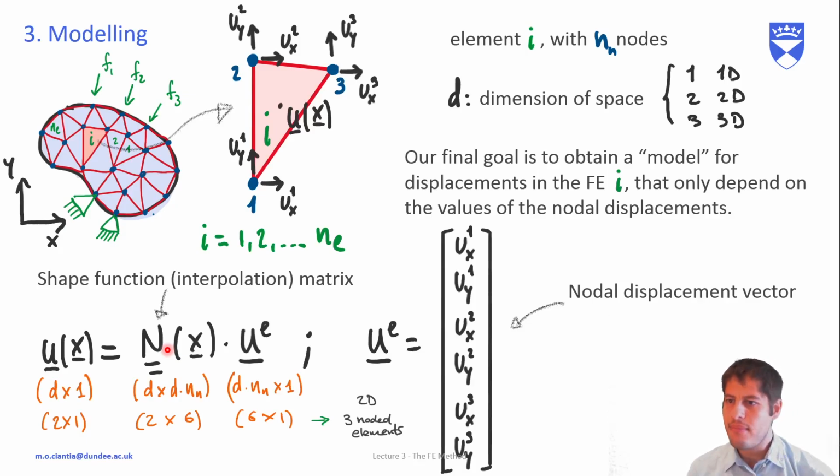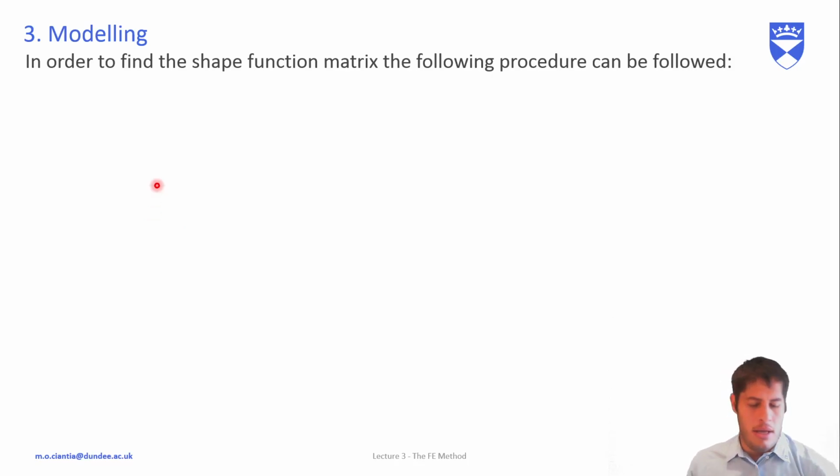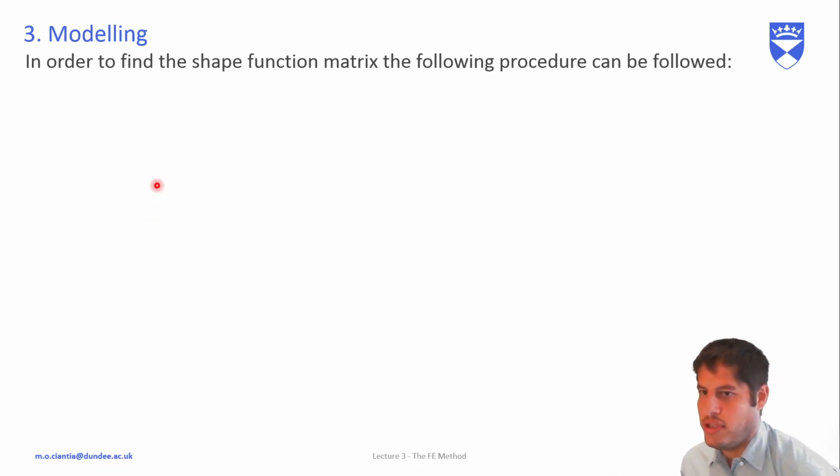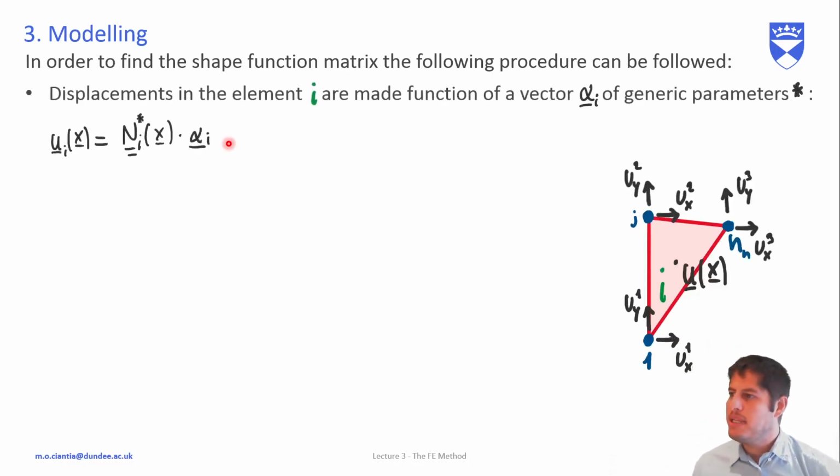Okay, let's see in general terms how the shape function, or this interpolation matrix, is obtained. This is the general procedure that we can follow. The displacements of the element I are made a function of a vector alpha I, which we don't know, a generic set of parameters.